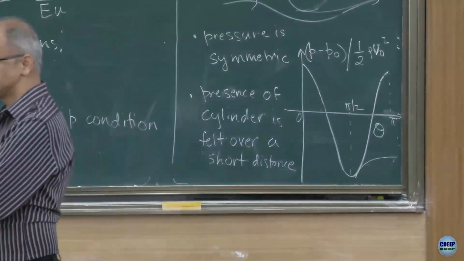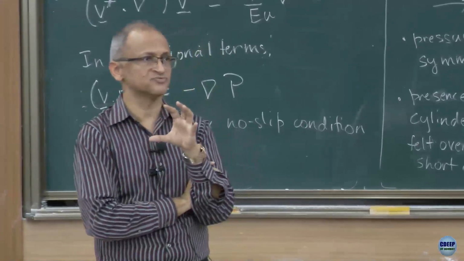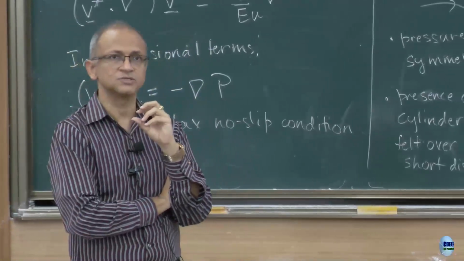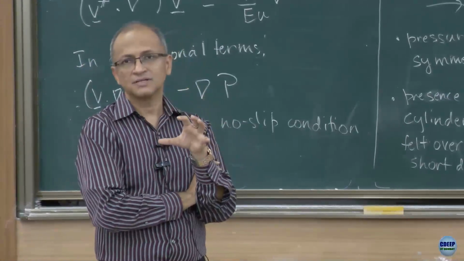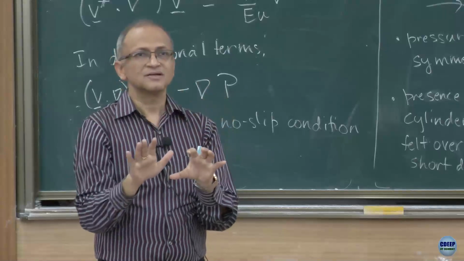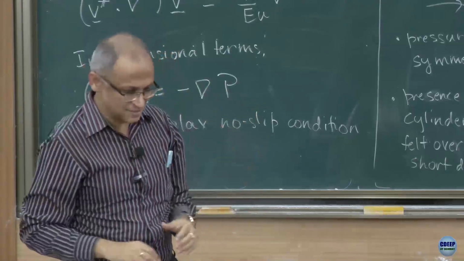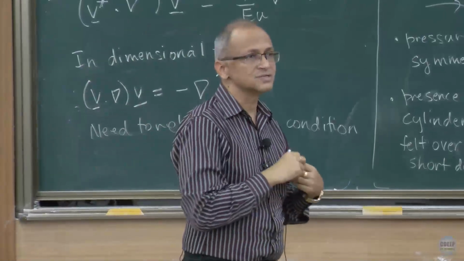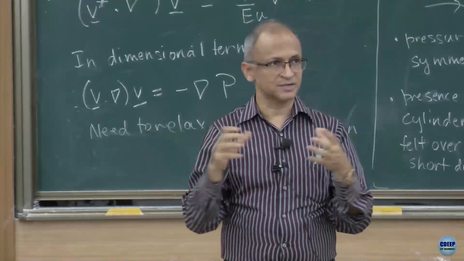And we saw the consequence of that if you have an object in the flow, like a two-dimensional cylinder placed in the flow. Because there is no viscous effect, or at least we are saying there is absolutely no viscous effect, the pressure on the front side and the pressure on the back side are exactly the same.